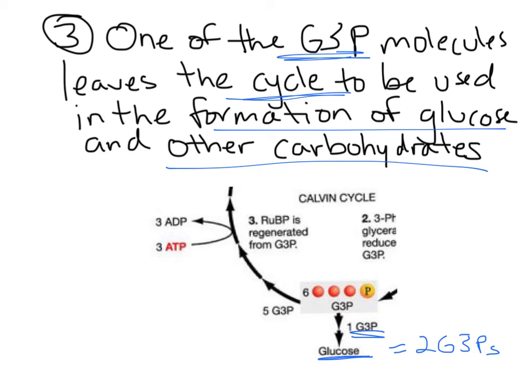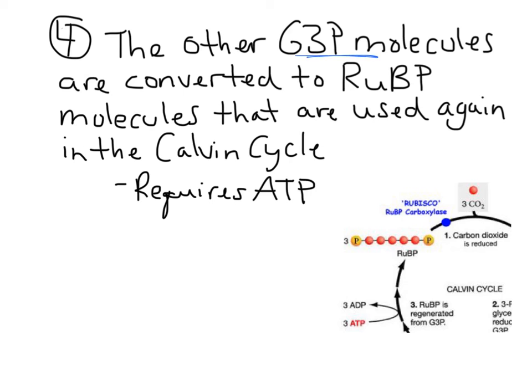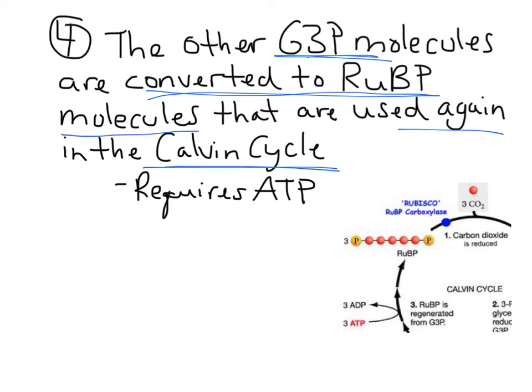However, we don't want to take both of those out because we need to keep a stockpile of those G3Ps in order to make our initial Rubisco. So the other G3P molecules are converted to Rubisco, ribulose bisphosphate, and they're going to be used again to keep the cycle going, and this requires energy as well. We have 3 ATP molecules needed to take the G3P and make it into Rubisco.